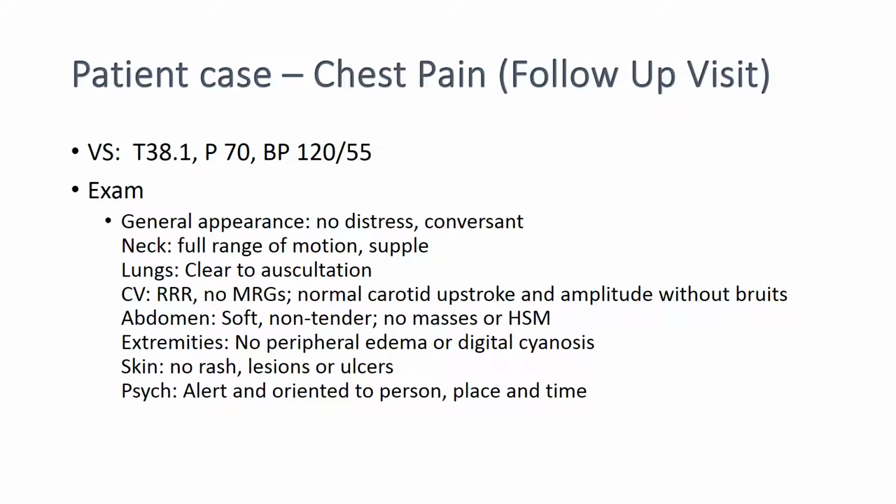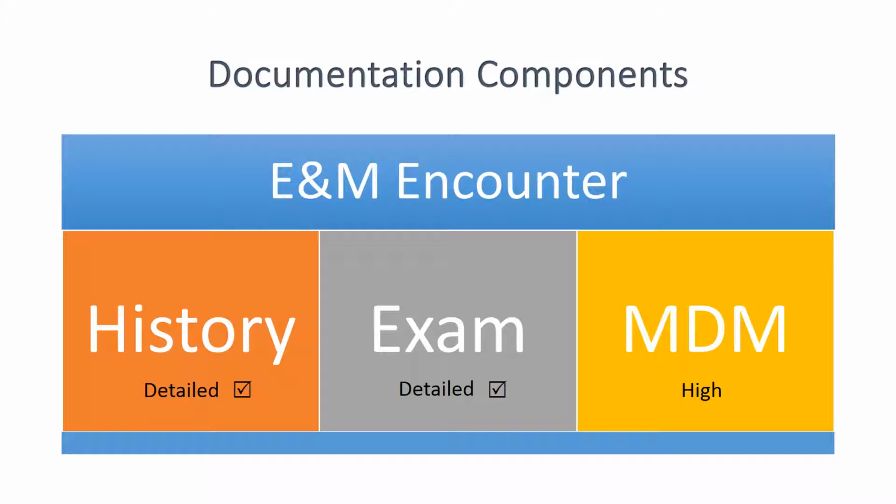We could do general, no distress, he's conversant, neck, full range of motion and supple, lungs clear, cardiovascular, regular rate and rhythm, no murmurs, normal carotid upstroke with an amplitude without bruits, abdomen soft, non-tender, no masses or hepatosplenomegaly, extremities, no edema or cyanosis, skin, no rash, lesions, or ulcers, psychiatric, alert and oriented to person, place, and time. And that would really meet all of your requirements for a detailed physical examination.